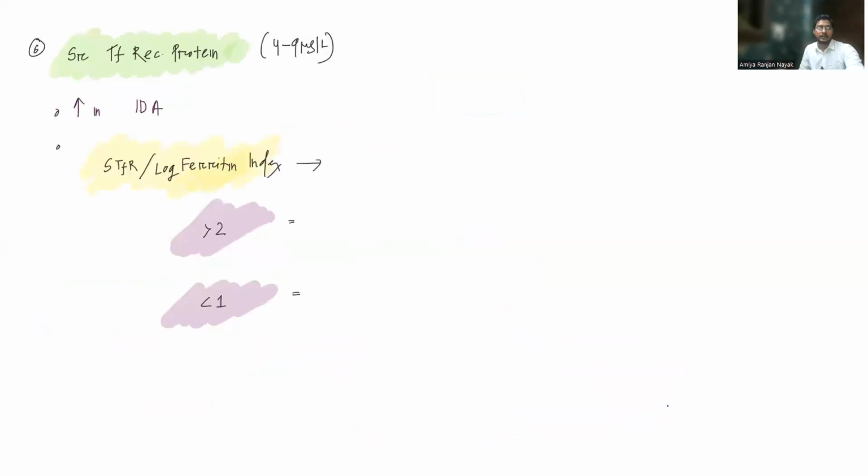Now coming to some of the newer things, the serum transferrin receptor protein. We have discussed previously that transferrin receptors are usually present on the cell surface. But whenever there is increased production of transferrin receptors, some of these receptors can go into the circulation.